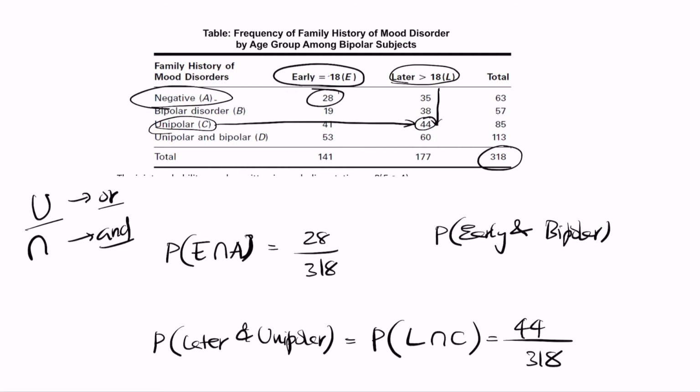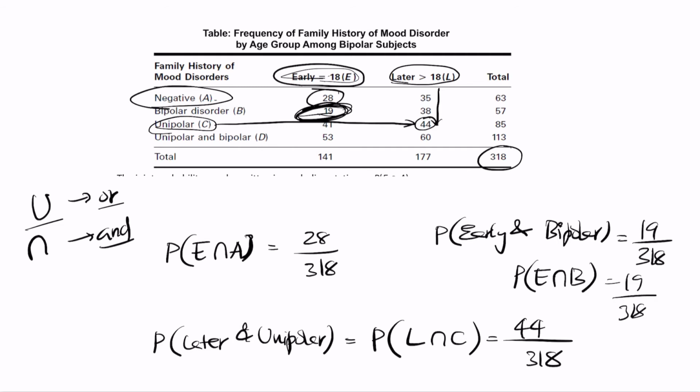Early and bipolar: you have early, which is E here, and bipolar, which is B here. So this value is 19. So 19 divided by the total number again, 318. We would have written it as early intersection bipolar is 19 by 318.